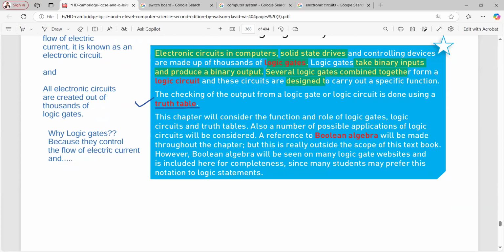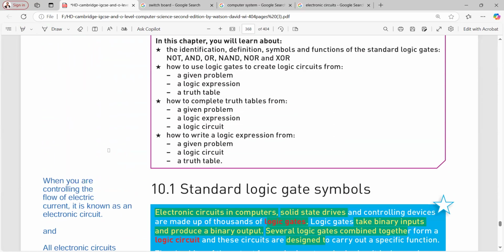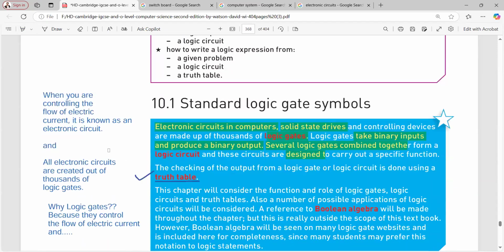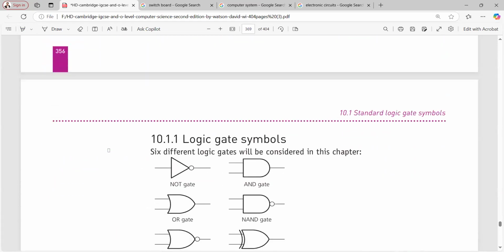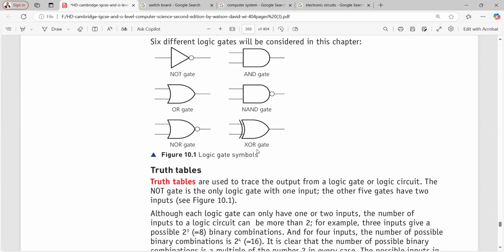So they are also known as Boolean logic or logic gates. Now these are the 6 gates I have right here: NOT gate, AND gate, OR gate, NAND gate, NOR gate, and XOR gate, and one by one I am going to discuss each one with you.